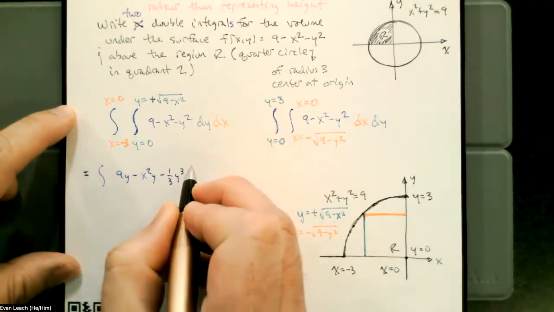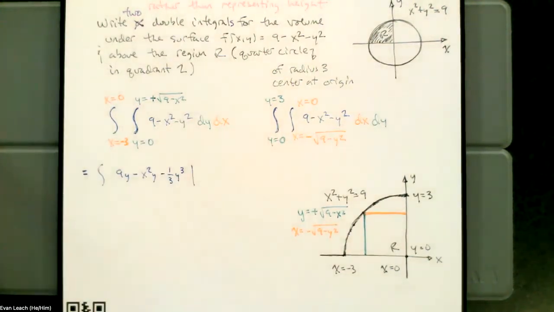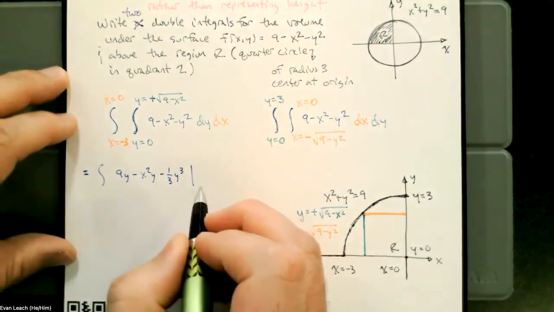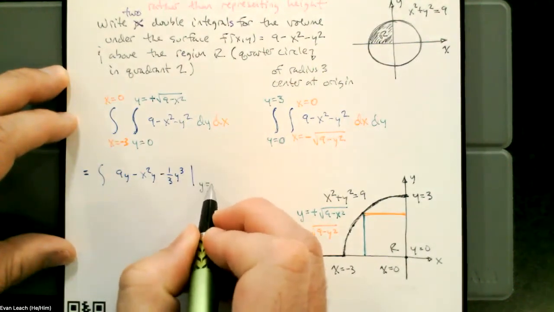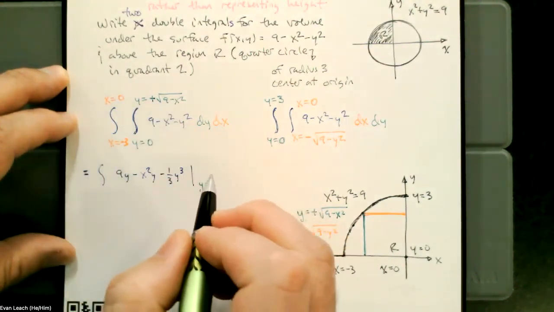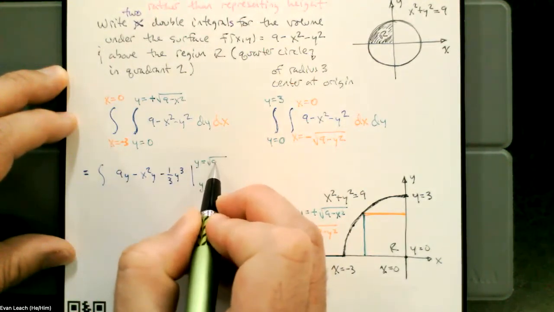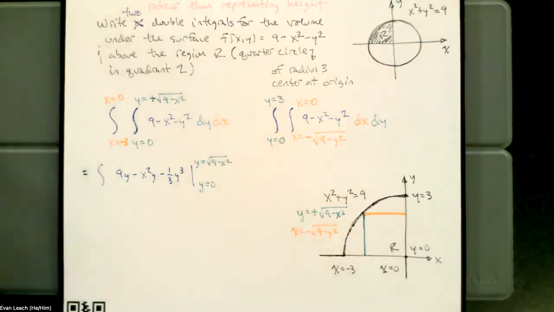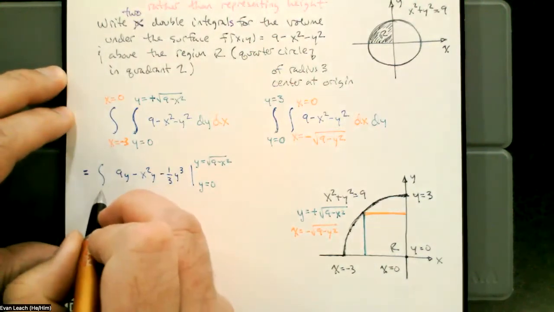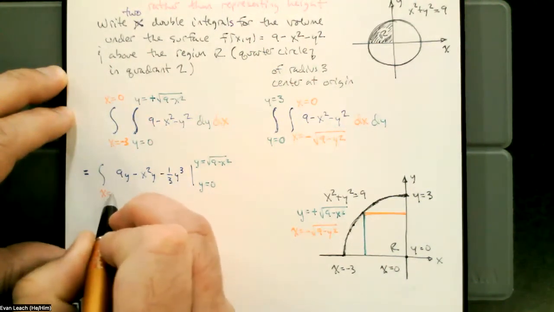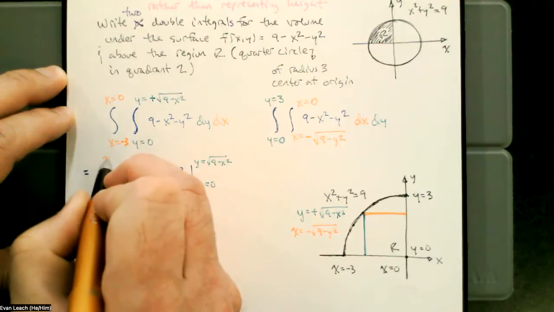And then we have to evaluate this as y goes from 0 to square root of 9 minus x squared. After we've done that, then we'll have to integrate dx from -3 to 0.